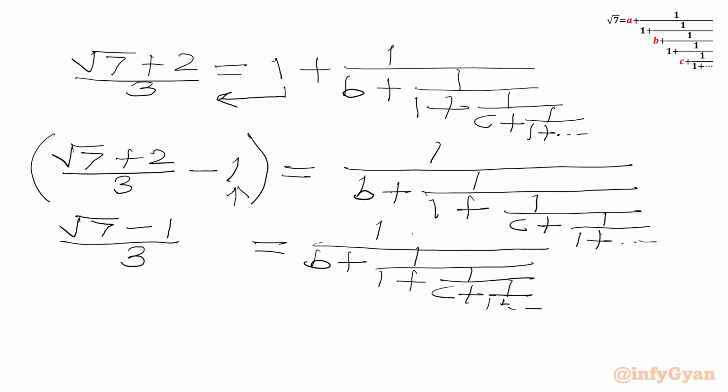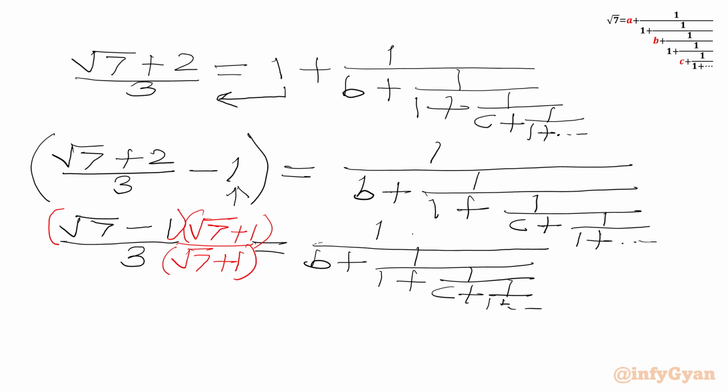Now we have 1 in the numerator of right hand side, but we have square root 7 minus 1 over 3 in LHS. Again we will rationalize our numerator by multiplying root 7 plus 1 in numerator and denominator. We are getting a minus b times a plus b form.